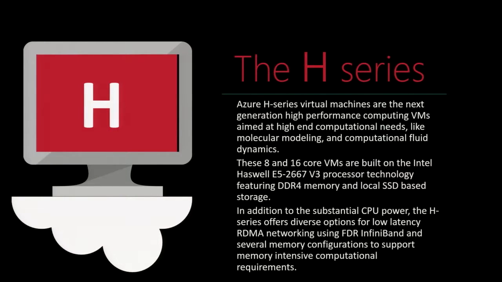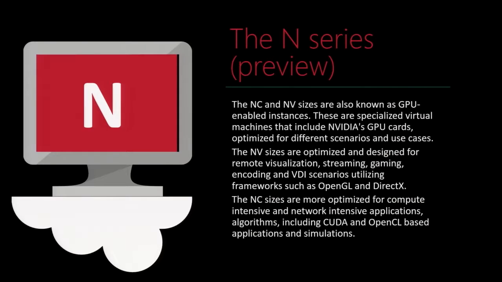The H series, these are the kind of machines that I spin up at weekend when I want to do, you know, molecular modeling and fluid dynamic computations. 8 and 16 core VMs built on the Haswell processor. Again, pretty amazing power. And then the N series, this is the last one I'm going to talk about. It's in preview at the moment, so it's not generally available.